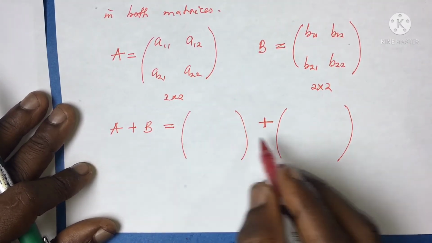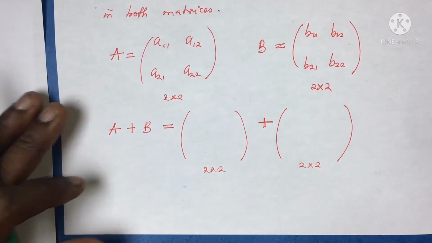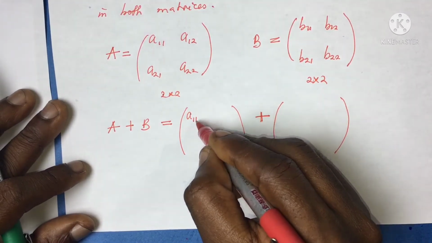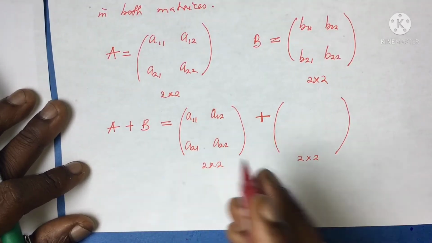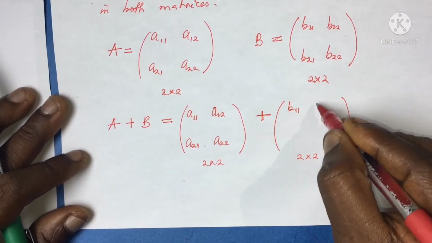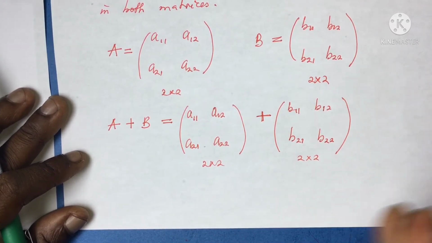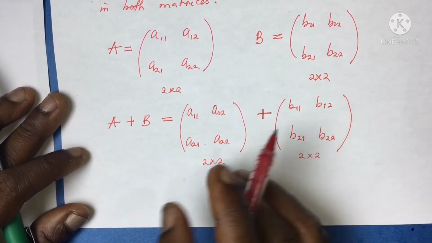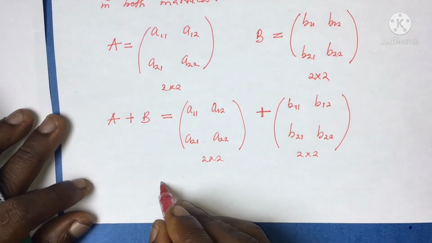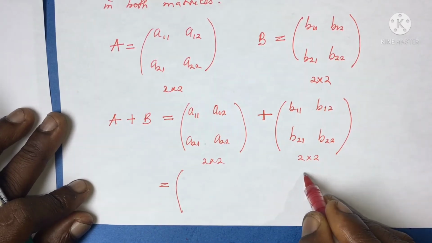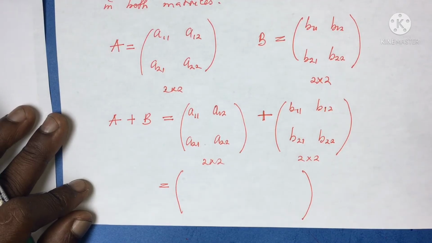For you to add two matrices that are of the same order, that is two matrices that are conformable for addition because they are of the same order. Now, this is A11, A12, A21, A22 of the matrix A. This is B11, B12, B21, B22 of the matrix B. Now, if both of them are clearly conformable for addition, then all we have to do to get the addition of A to B is to add elements occupying similar positions.